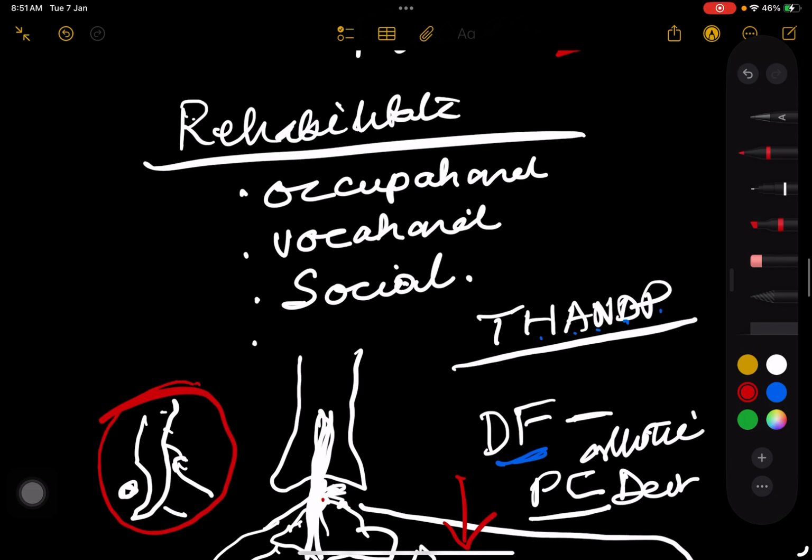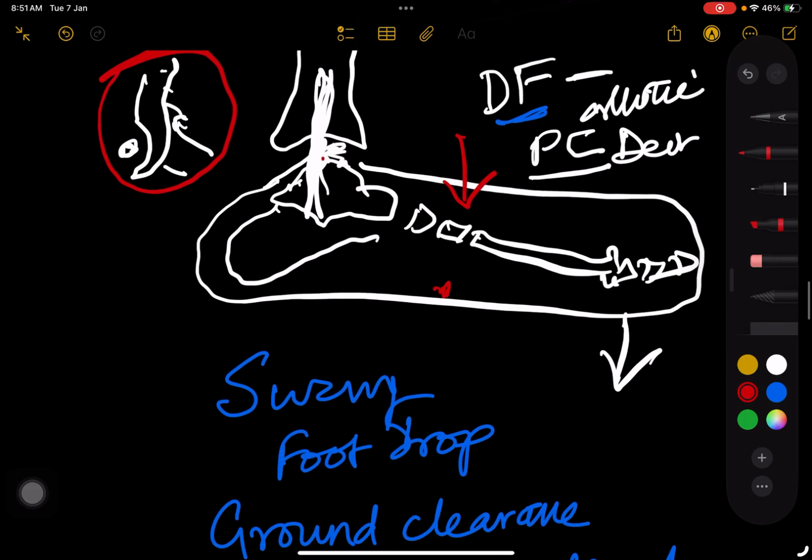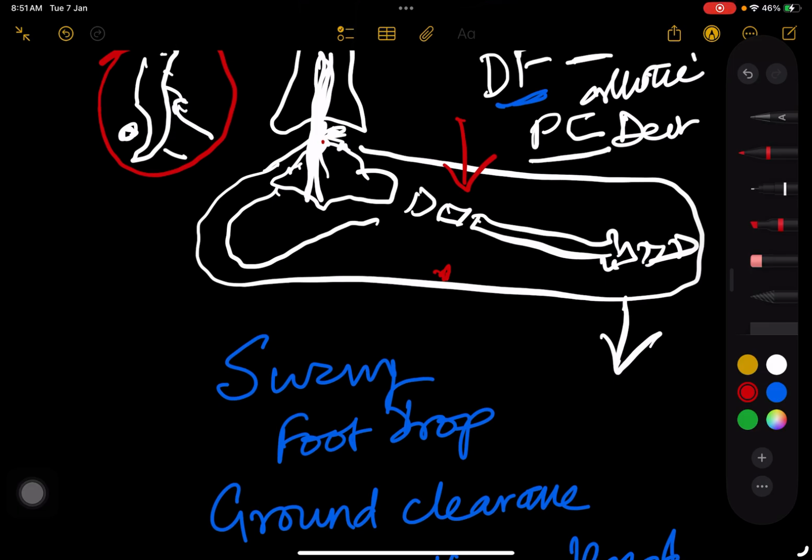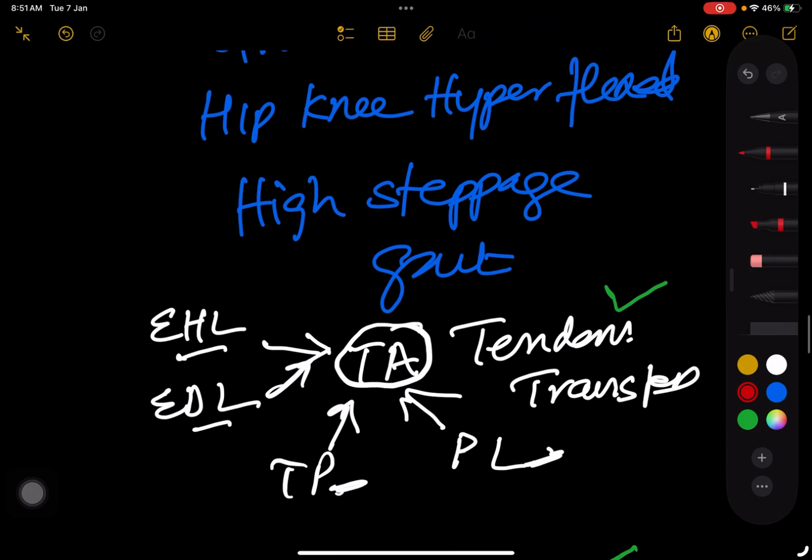Now you know that if the foot is dropping, then the dorsiflexors of the ankle are paralyzed, and the main one is the tibialis anterior. It can be substituted by extensor hallucis longus, extensor digitorum longus, tibialis posterior or peroneus longus. If these muscles are powerful, you can do a tendon transfer.